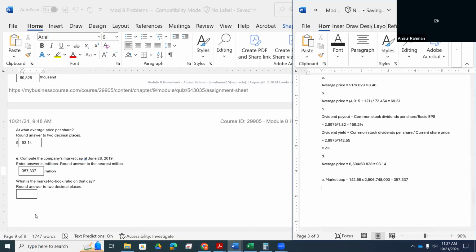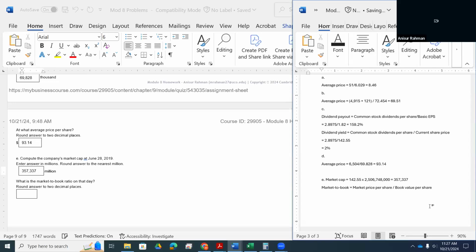And the next question is, what is the market to book ratio? Market to book ratio is equal to market price per share divided by book value per share.